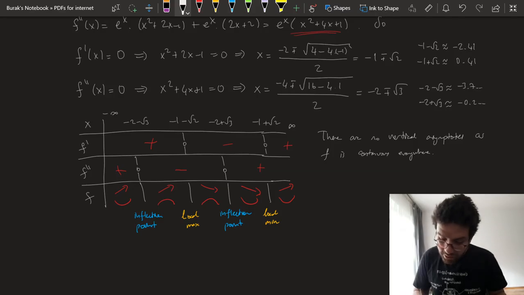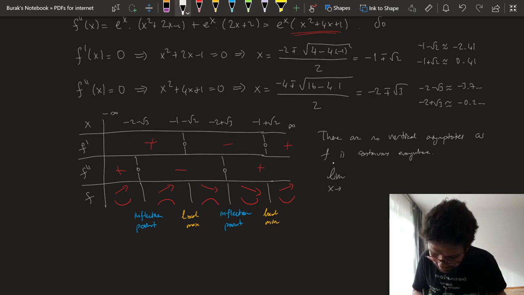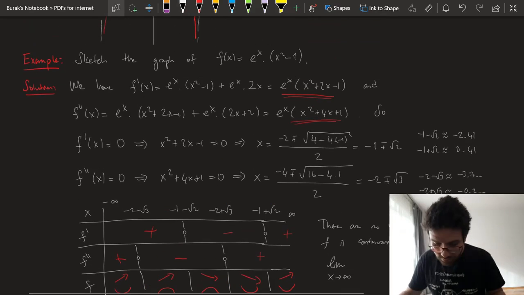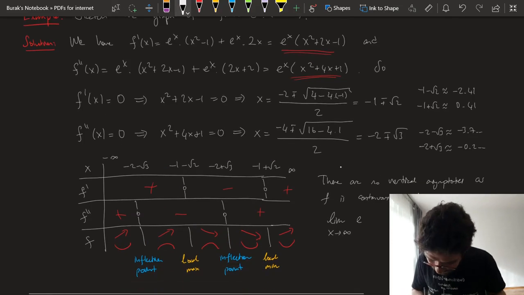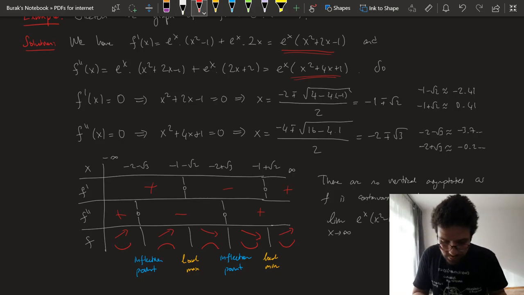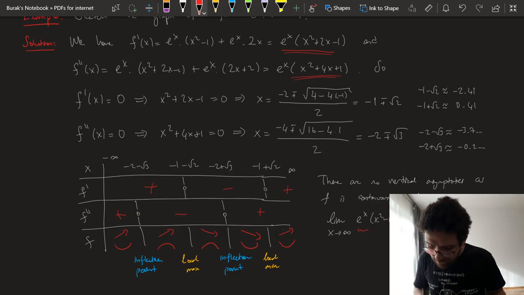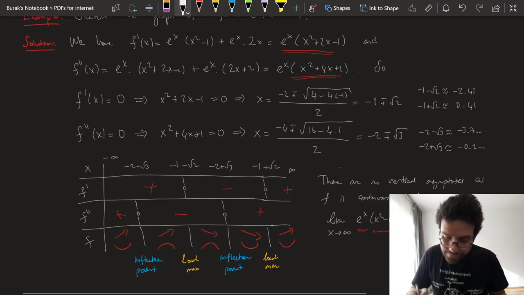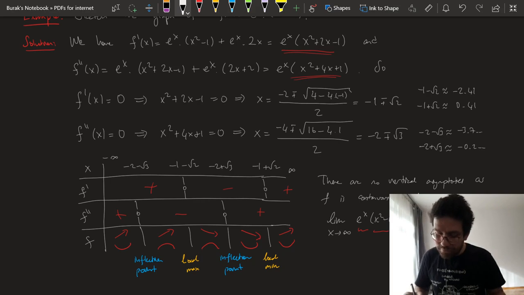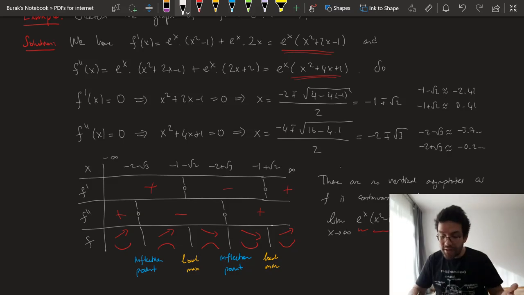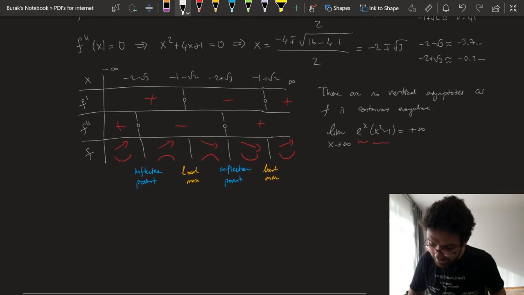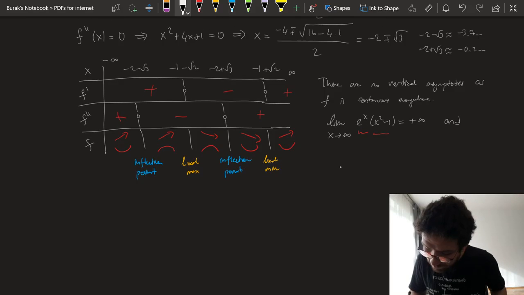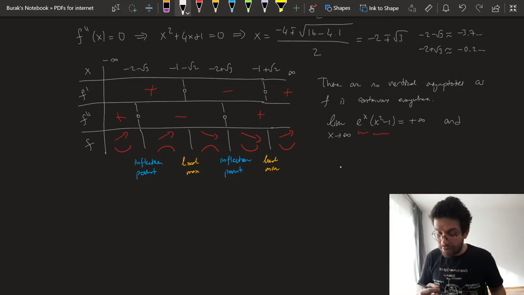Okay, and the limit of f at infinity: when x goes to infinity, the first term goes to infinity, the second term goes to infinity. So you're taking the limit of numbers which are both tending to positive infinity, so the limit of their product will be positive infinity.